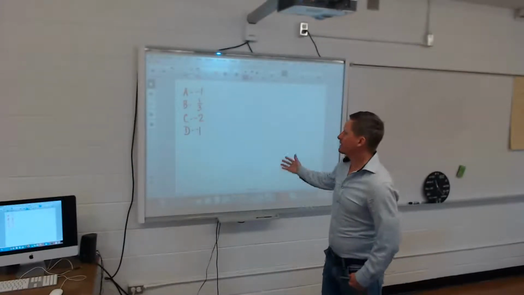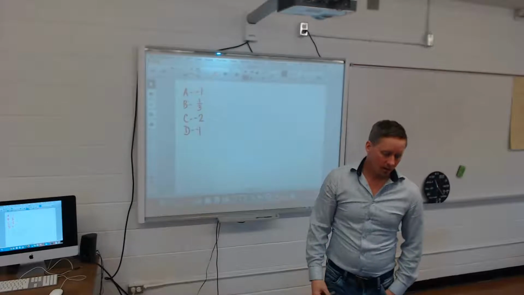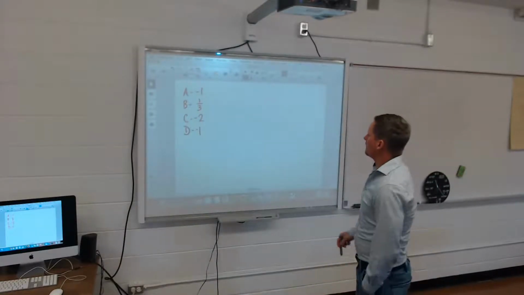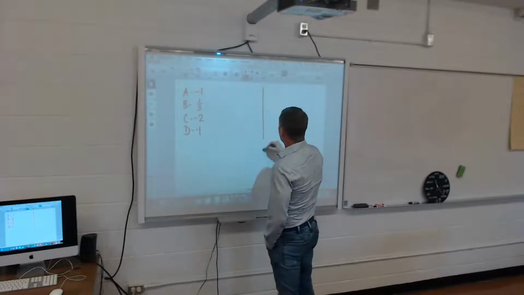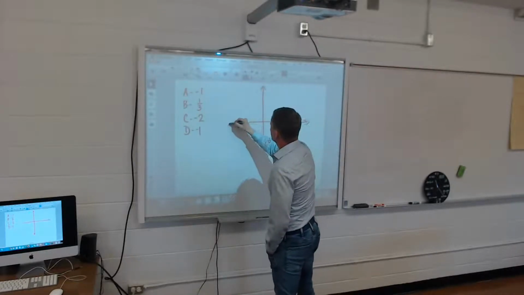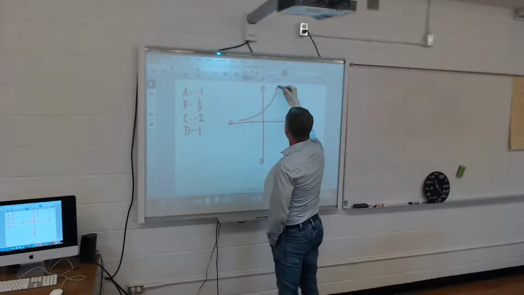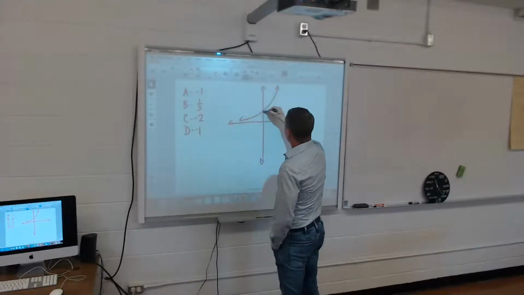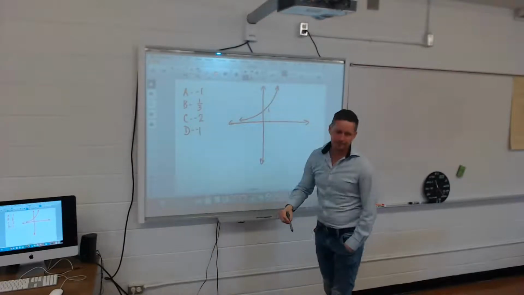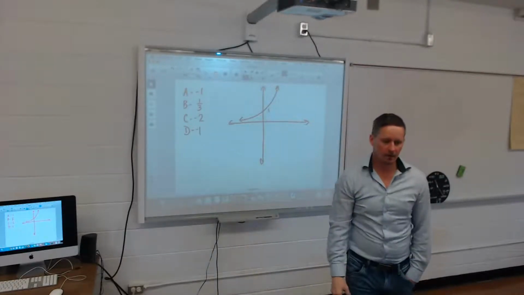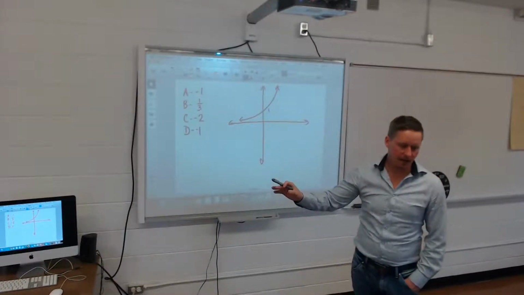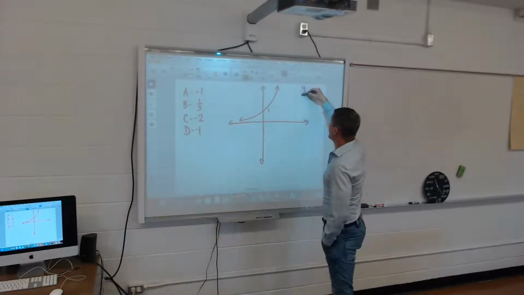I try and keep it consistent to our trig stuff. So now that I have that, my original equation was y equals 4 to the x. Which means that this still is 0 and 1 right here. So this is the graph of y equals 4 to the x.